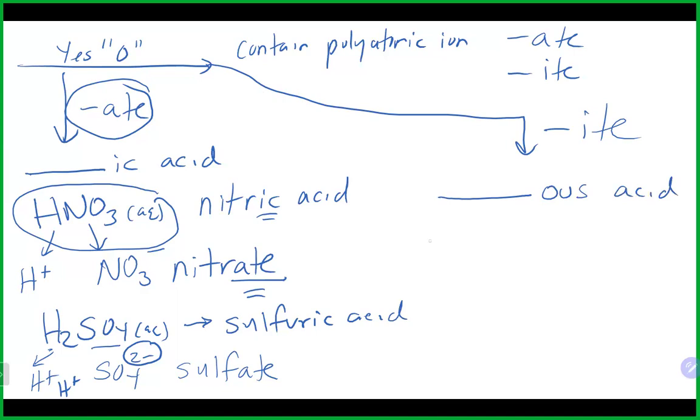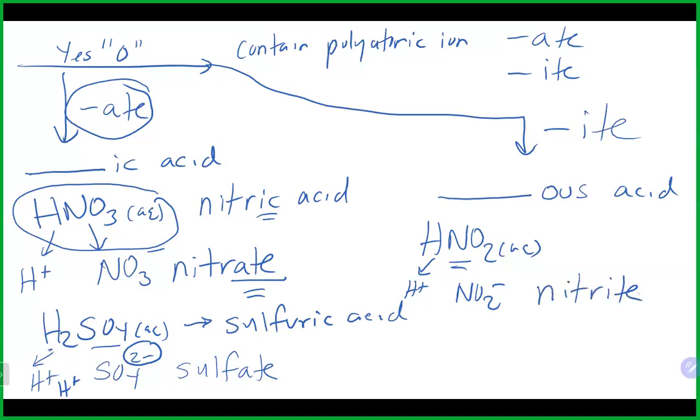So for example, if I take HNO2, this again is an H+. This is NO2-. NO2- is not nitrate, but it is nitrite. And because it ends in ite, you're going to go with this OUS ending. And this is now going to be known as nitrous acid.